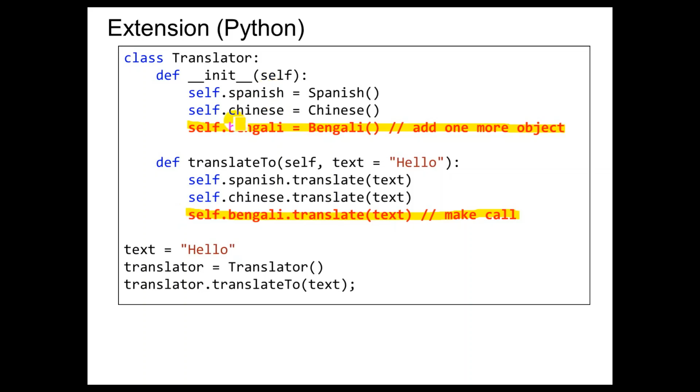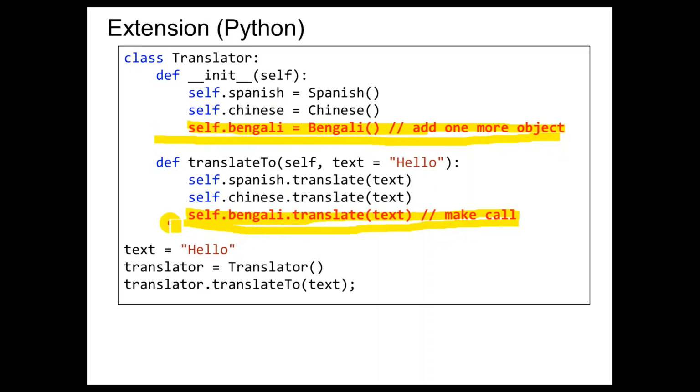If we add one more class, we need to add one more object here and make one more call here. So every time we need to modify the main class or the central class.